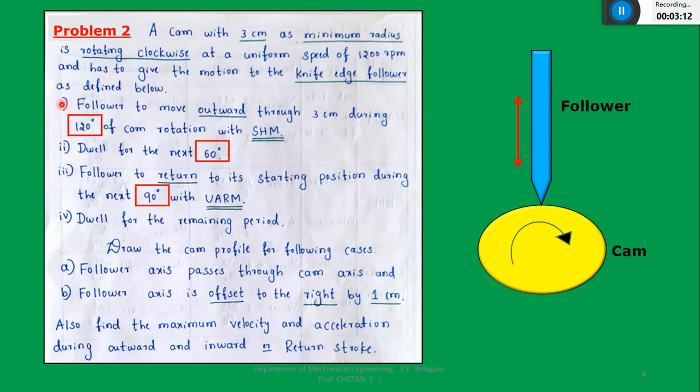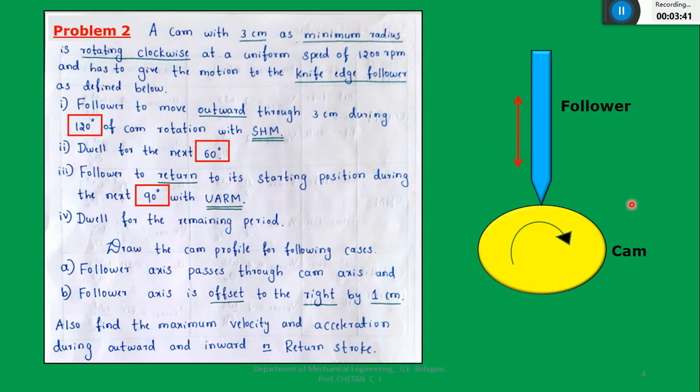So they have given certain conditions. The follower is to move outward through 3 centimeter during 120 degree of cam rotation with a simple harmonic motion. Please note down the keywords. Whenever the follower is moving in an outward or upward direction through 3 centimeter, it means the maximum distance traveled by the follower is 3 centimeter, which you can say is the stroke length of the follower.